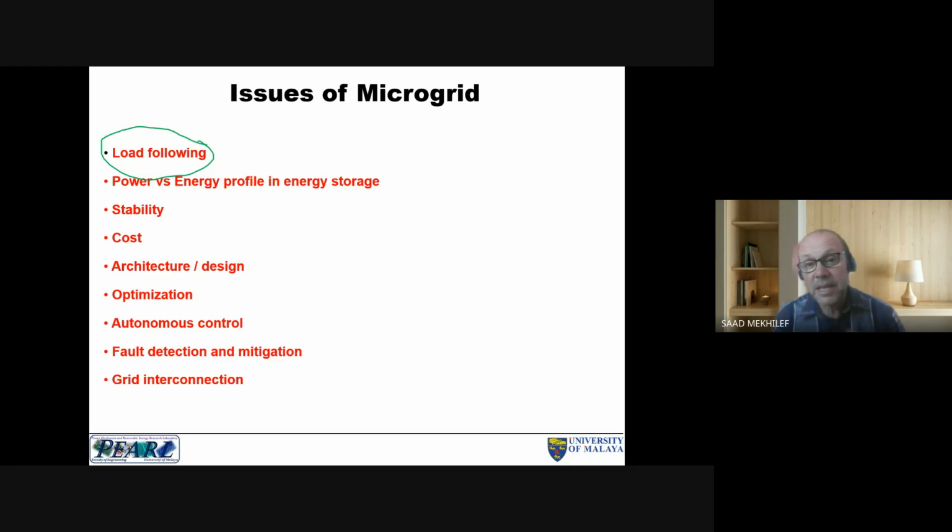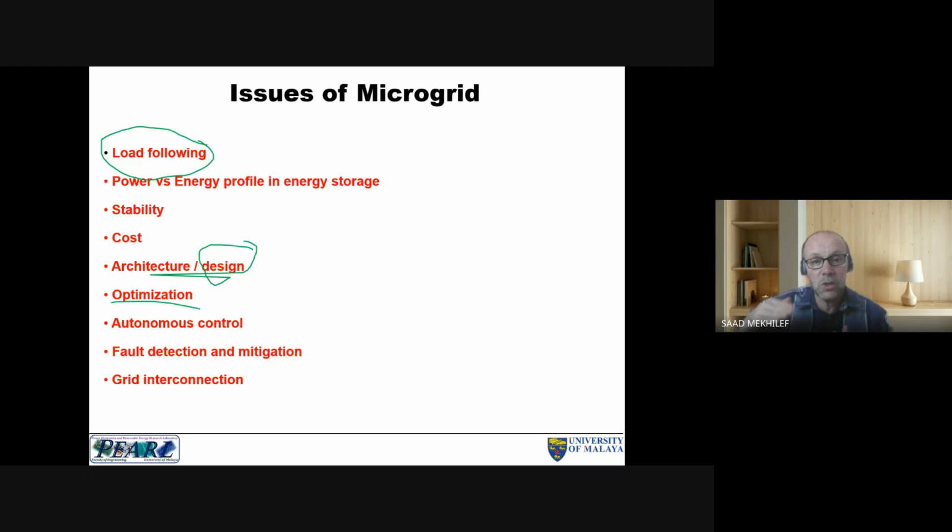The architecture and design, I think that's very important. I think we have talked about it just now, the well-designed system and what components you have to use. And optimizations: everything that we do, we need to optimize. For example, if I change the tilt angle of my PV panel by 15 degrees, how much power will I get?